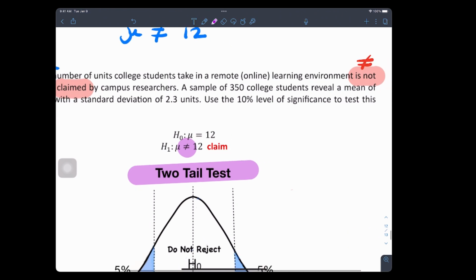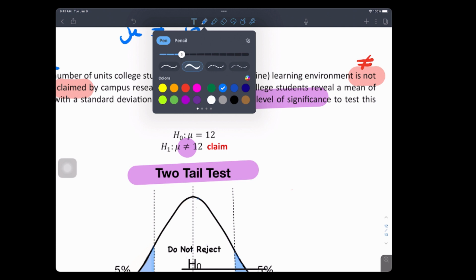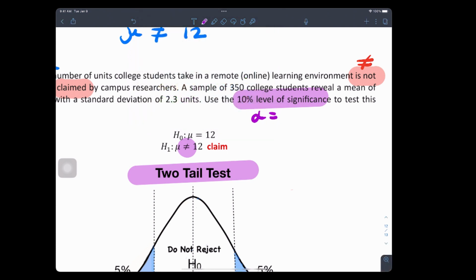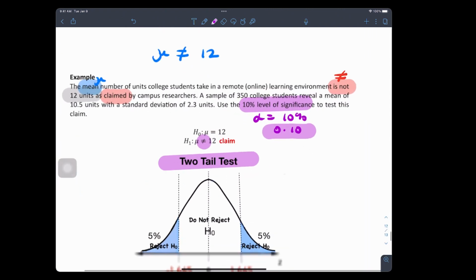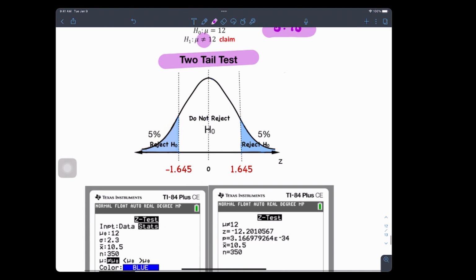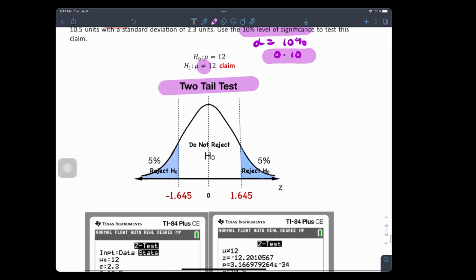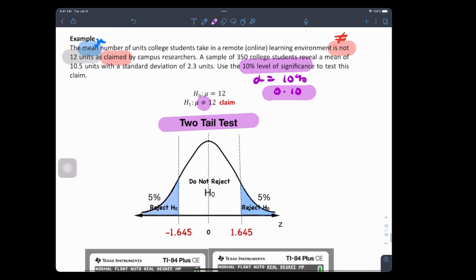All right. Alpha here is what? 10%. What do you guys think? Not too bad? Okay. So by the traditional method, yes, you would get critical values again by using inverse norm.